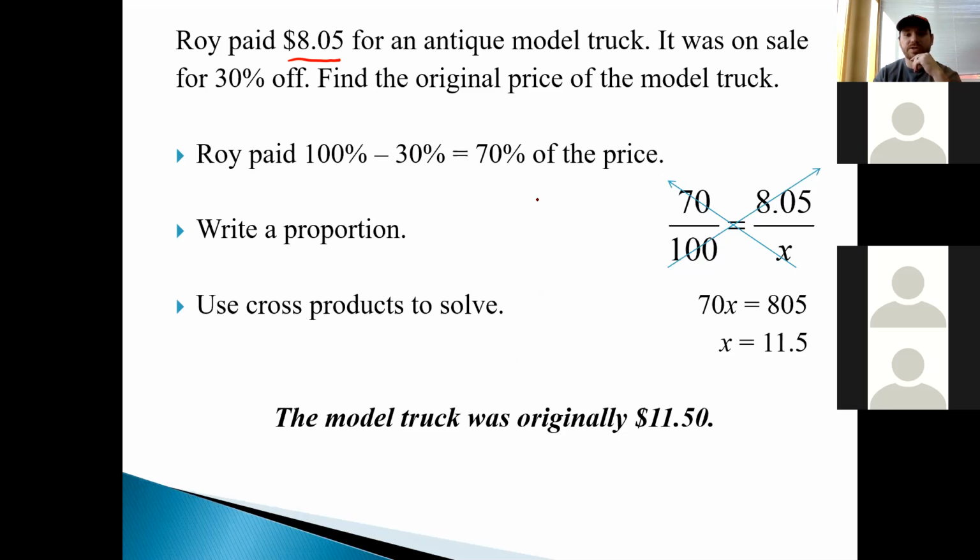We don't know the original, which means when we set up our proportion, we have to do 70 over 100 equals 8.05 over x instead of x over 8.05. That's because this is the discounted price, which means that our original price we don't know yet.